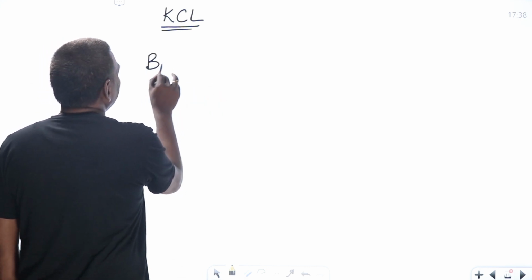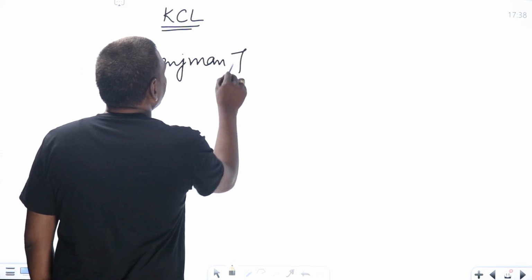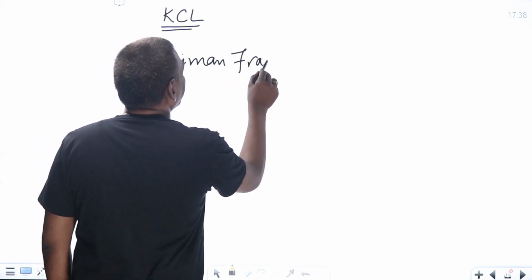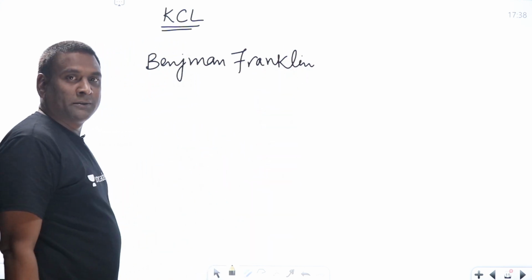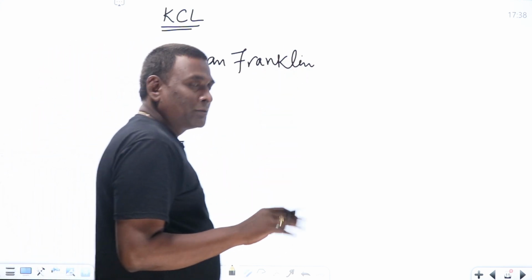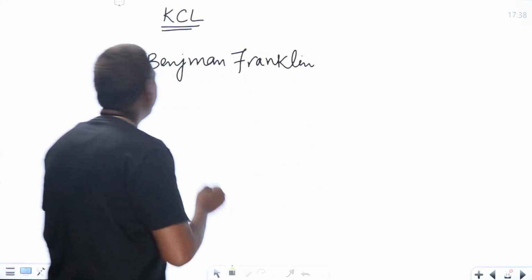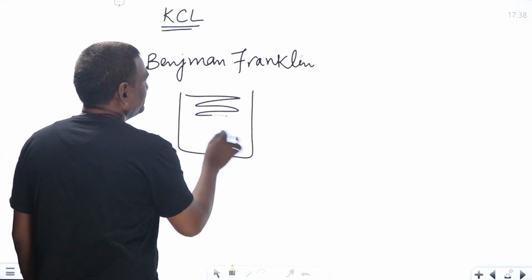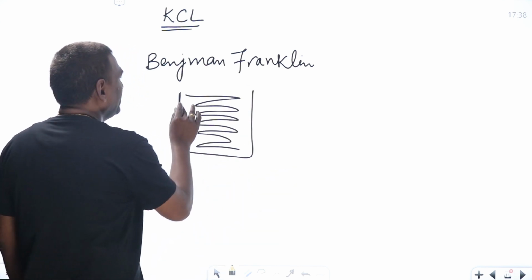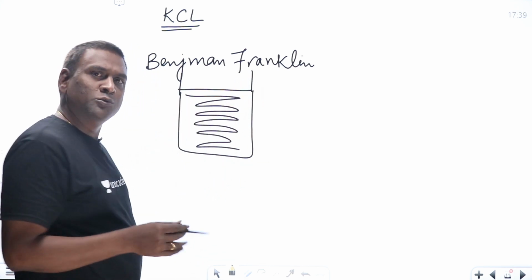KCL, actually, this is Benjamin Franklin. Spelling can be wrong also, Franklin. As per his proposal, charge is also conserved. Okay. Kind of, if I think of one water tub, if I fill this with water, and the volume of that particular water is going to be considered.